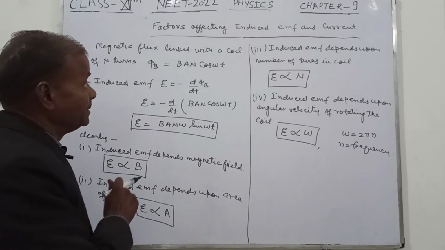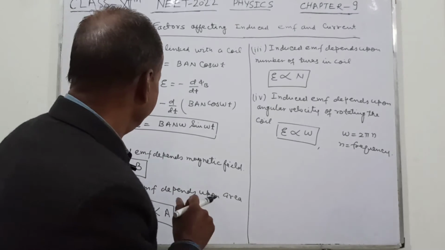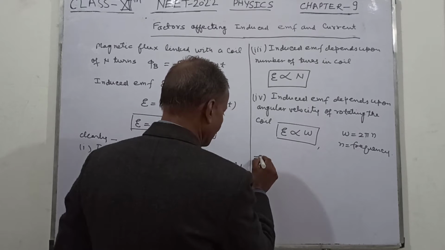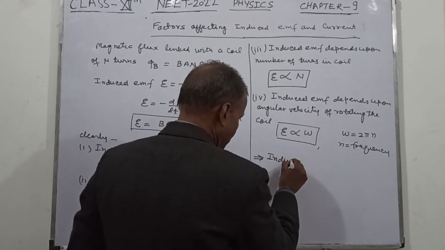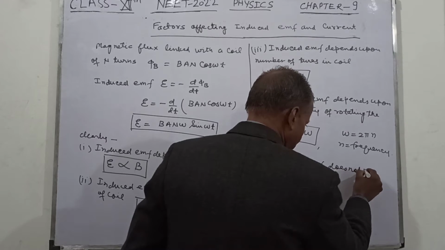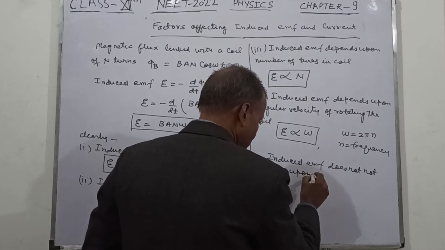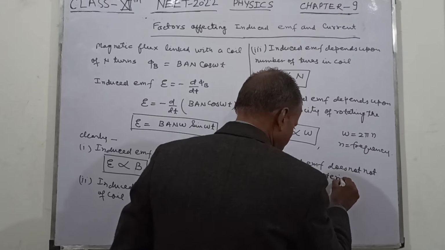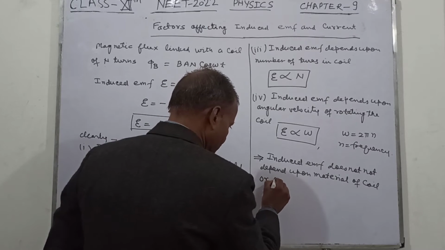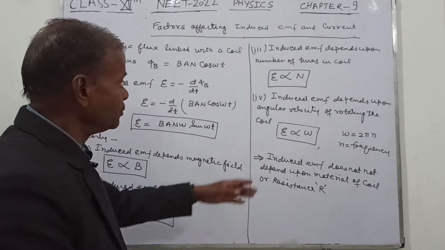And you see from here that this induced EMF does not depend upon the material of the coil or the resistance R, because R is not coming in this relation.